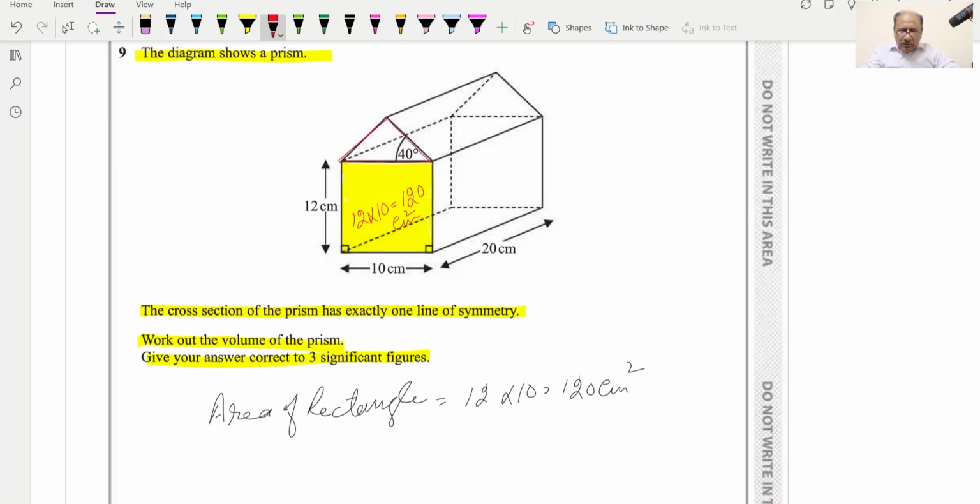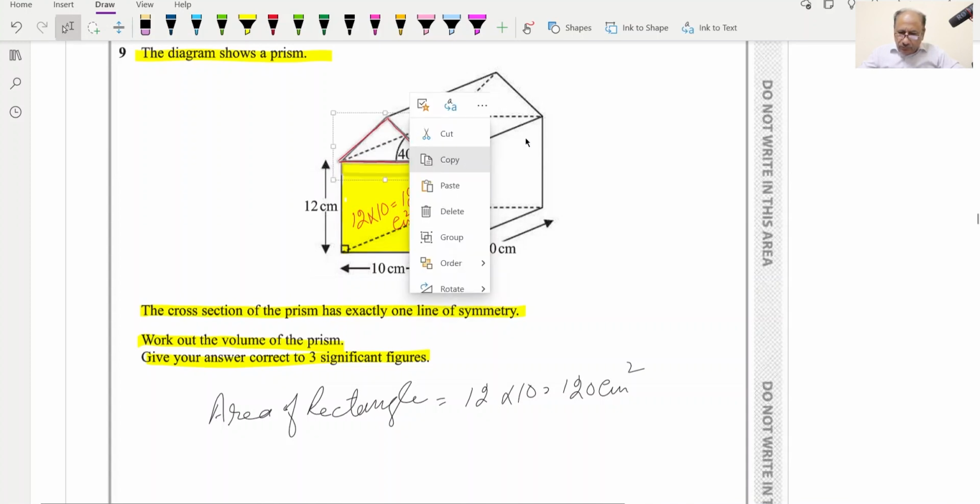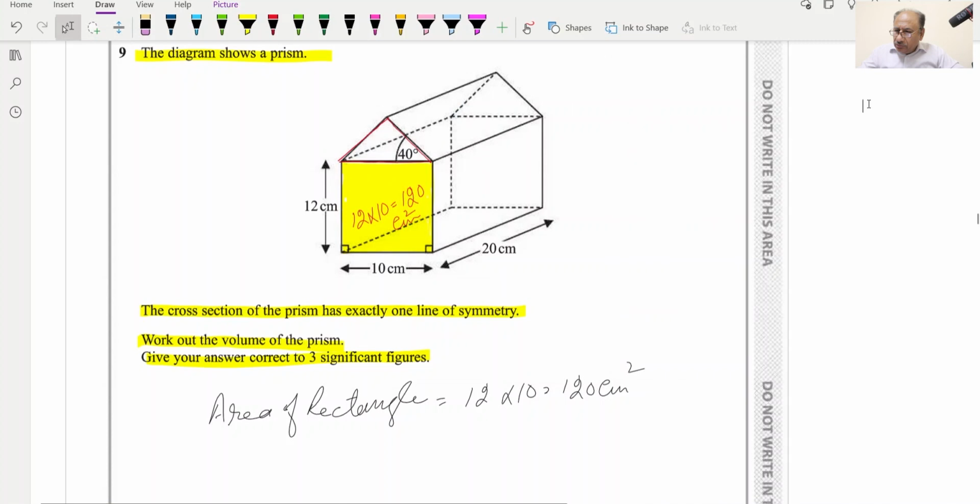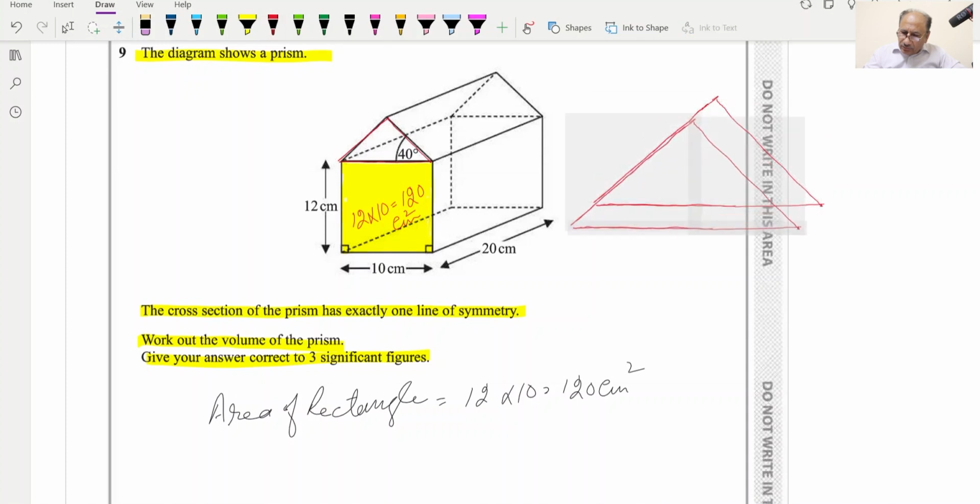This will be our triangle, and we can copy this one over here. This is the triangle for which we require area, and we can enlarge this for our understanding.